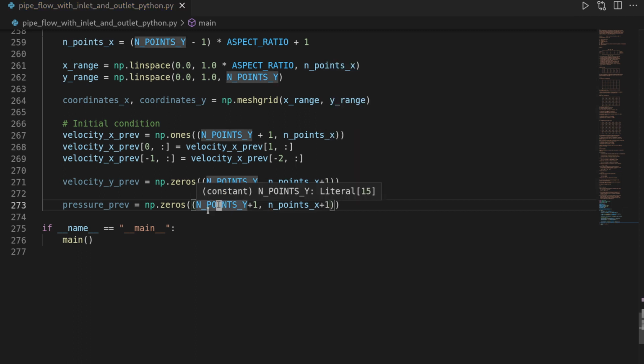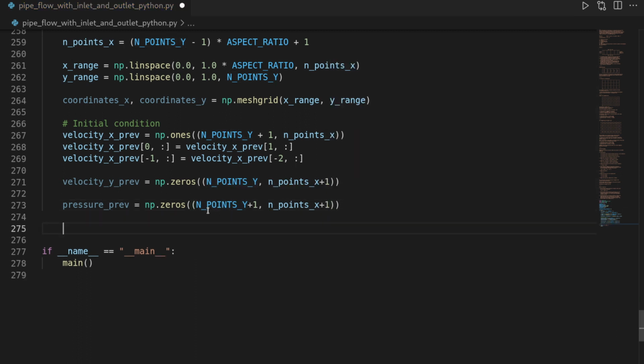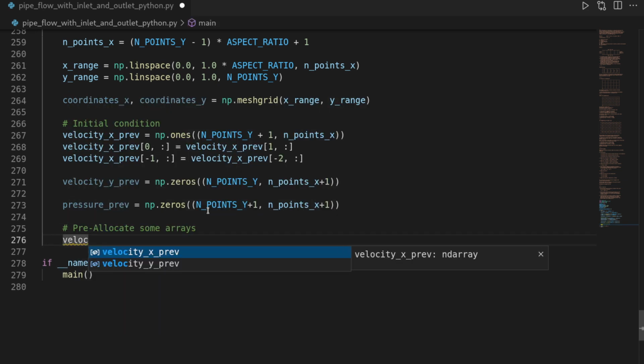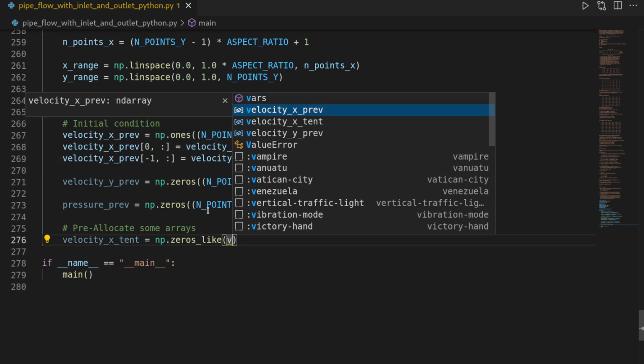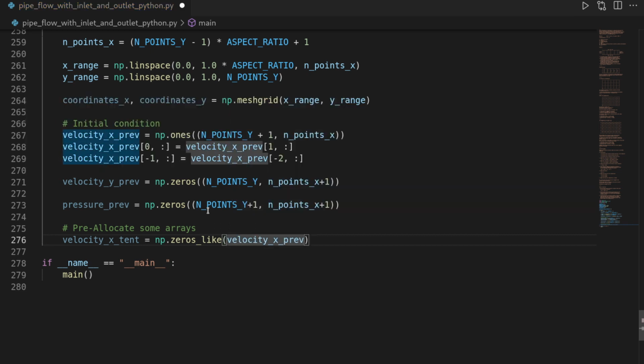And then for later on convenience, I just want to pre-allocate some arrays. So let me pre-allocate some arrays, and we're going to have velocity x tentative is going to be np.zeros like velocity x previous. And then we have something similar.